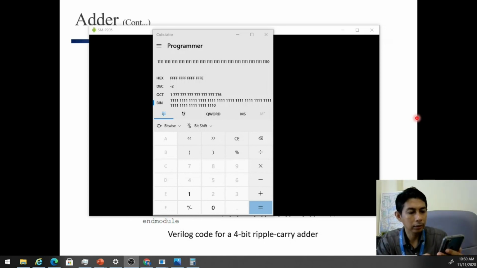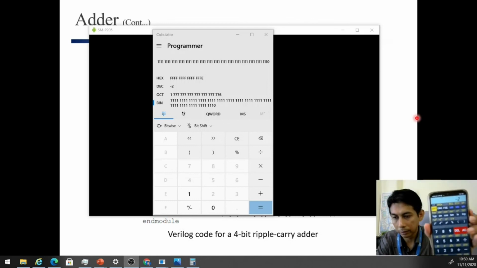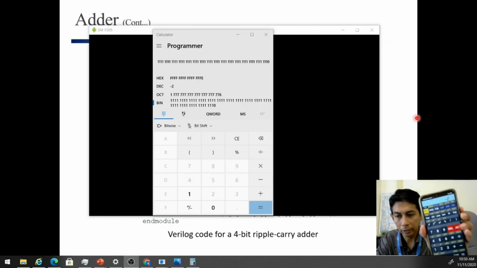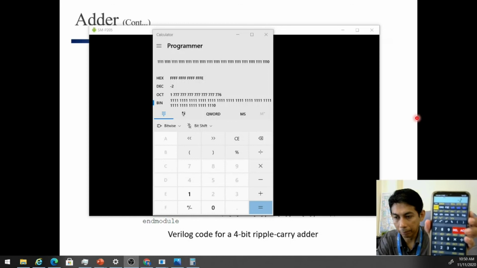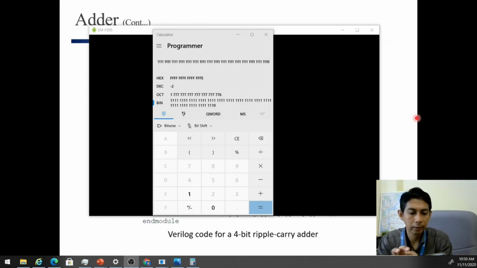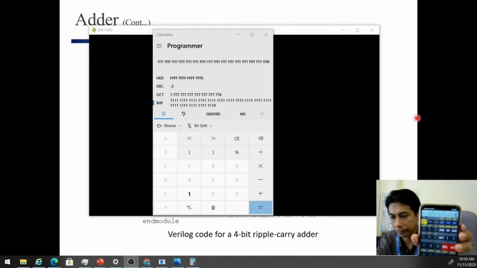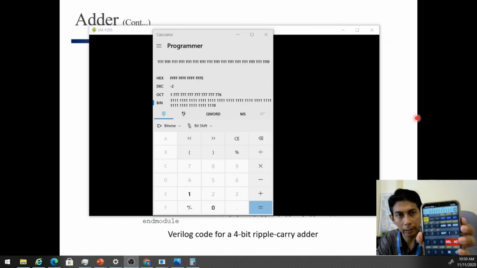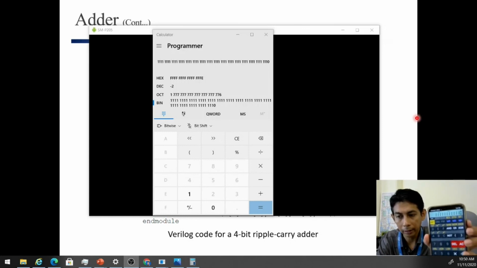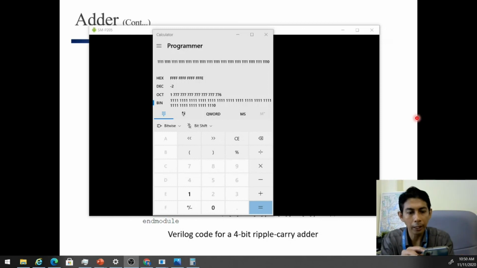Let's have a negative number, minus 2, like this, and try to change to binary base. And what do you get? You get this, right? Because the size of the calculator is quite big, this is not 4-bit. So let's take the 4-bit one only.